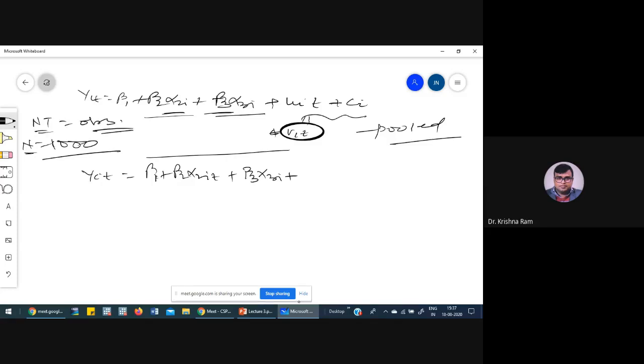Okay, so any cross-sectional component in our framework, T is the time period. So if time equal to 10, so NT, which one is the total number of observations? It is going to be 10,000. So in a fixed effect least square dummy variable case, you are having 999 dummies here.